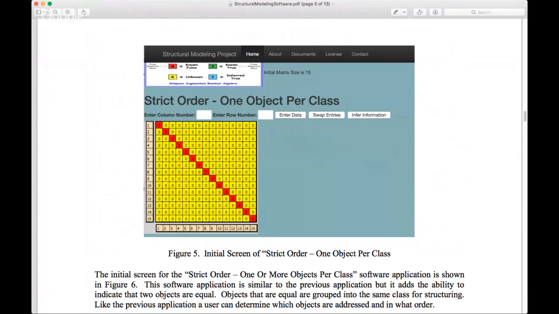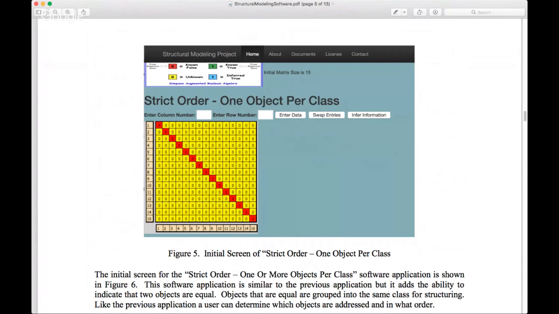So the operator has to enter that. And so you keep track of your structural modeling algorithm on the side as you're testing it and seeing the outcome here on the screen.